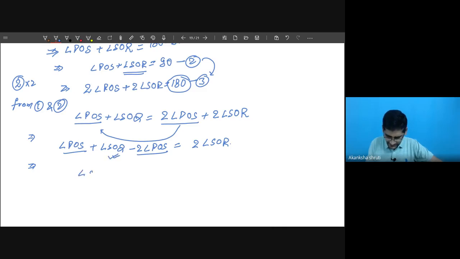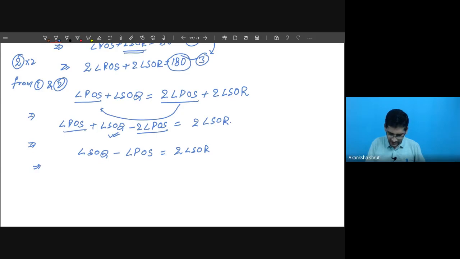So this implies angle SOQ minus angle POS is equals to twice of angle SOR. Now for SOR you bring this 2 in the denominator. So angle SOQ minus angle POS by 2 is equals to angle SOR.